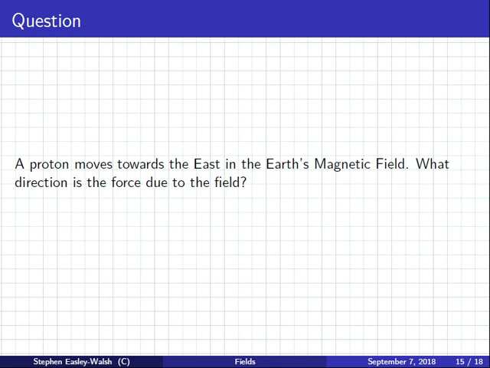So, let's see. Which way is east? That way? You got a compass? Well, I thought that way.